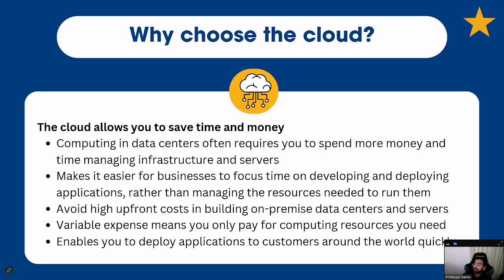The variable expense means you only pay for the computing resources you need. If I try to have my own data center, I have to be ready to deliver, again, to 10 customers or to 10,000. That might be one server computer, that might be 20. If I give that to the cloud service provider, they can handle those changes, that variable expense, and they can charge me for only what I use, depending on what plan I get.